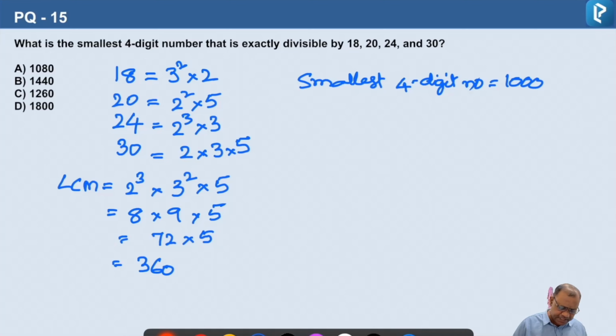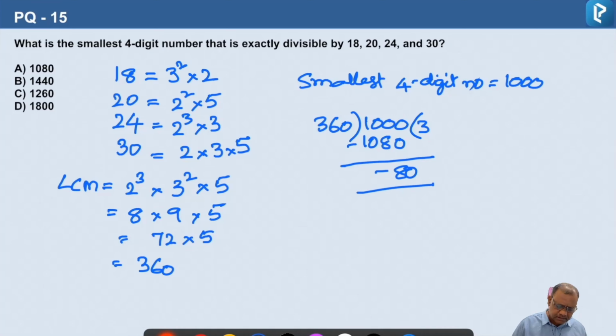We should divide and find how much is falling short. 1000 divided with 360. If you divide 3 times, 3 zeros, 3 6 18, 1 carry, 3 3 is 9 plus 1 10. So 1080, if you subtract, minus 80 is falling short.